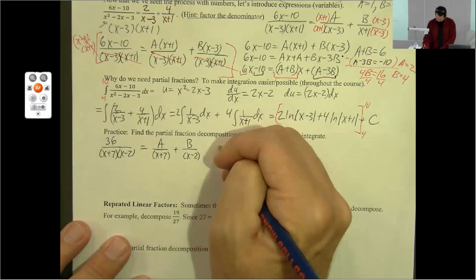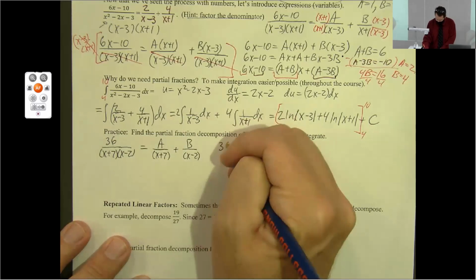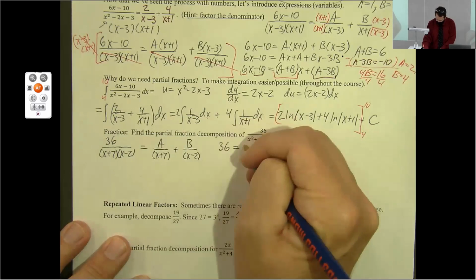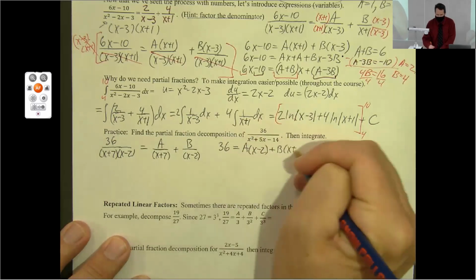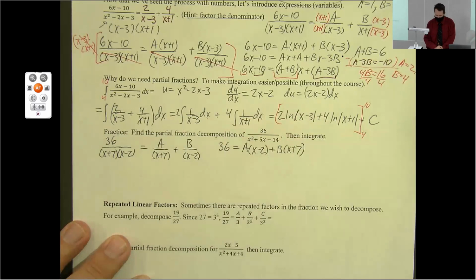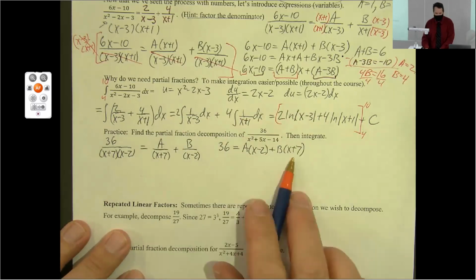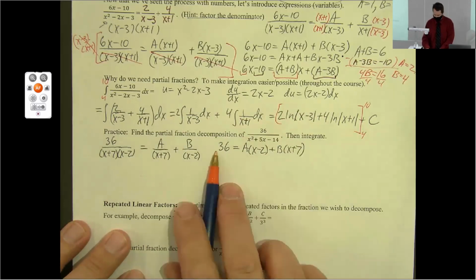And can I save just a little bit of space and do 36 is equal to A times x minus 2 plus B times x plus 7? Yeah. Would that be okay? All right. Now, we could do the distribution and then equate like terms. Wait, there's no x's over here. But it still equals 0.